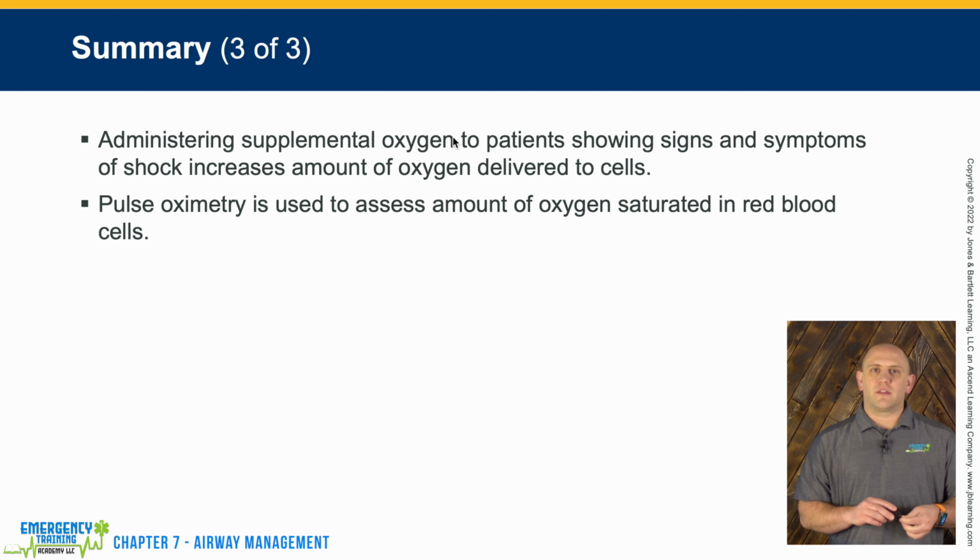So if we're giving supplemental oxygen, we don't want it to read 100. So we will regulate the amount of oxygen that we're giving so that it's anywhere between that 94 and 99%.